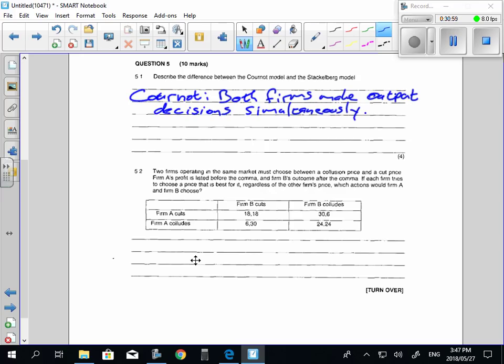They both make their output decisions at the same time, and they assume that the output set by the other firm is already fixed. Whereas in the Stackelberg model, one firm sets its output decision first.